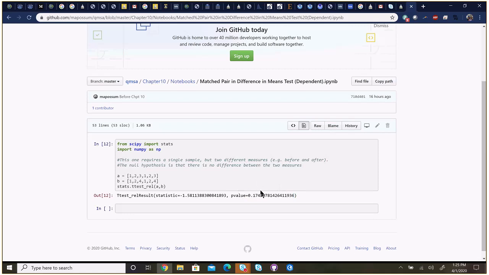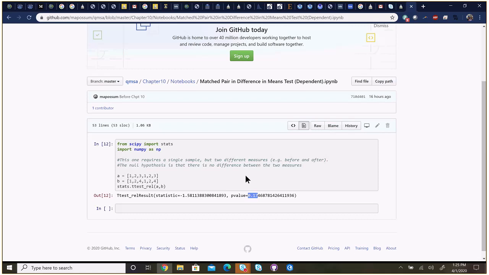Okay, so let's assume right now this is a one-tailed test. The p-value is, I said it was less than before, it's greater than 0.05. So what do we need to do if the p-value is greater than the cutoff value?